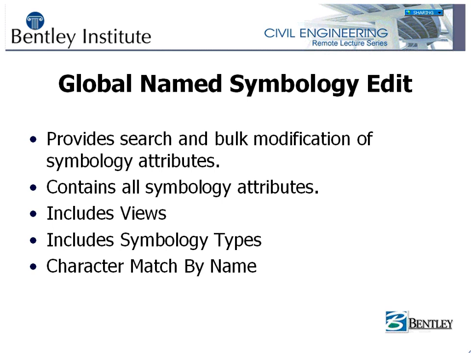It includes the options to include views and include symbology types, which allows you to narrow your search when necessary, and it also provides a character match by name using standard wildcards, and it provides an option to match by case.